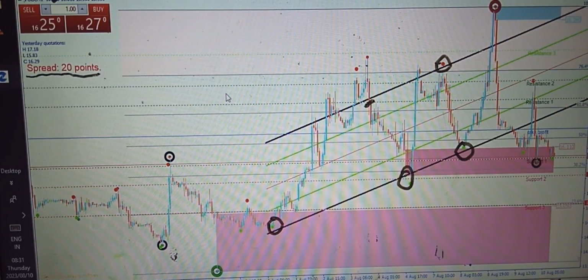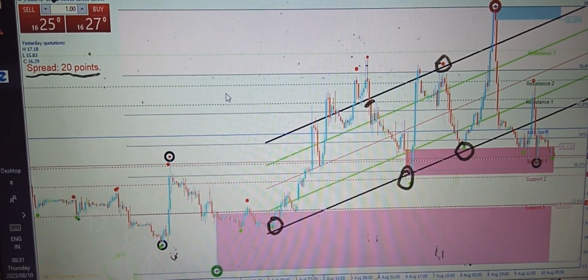So I hope this has been very active. I will also look into the comment section to see which pairs traders mostly want to look at and see how the system has been performing so far. I hope this information was effective on how to trade the uptrend and the downtrend.